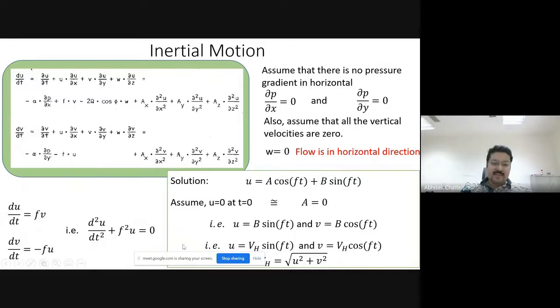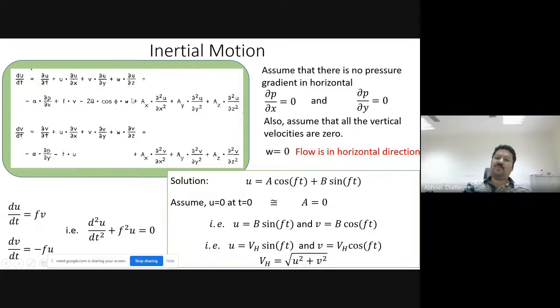So the second thing is that we'll be dealing with inertial motion. Till now, in the equations, we have always assumed that there is no acceleration in time. We have always talked about a steady fluid, when there is no motion, or if there is a motion, then there is no change in the motion with respect to time. That means there is no acceleration.